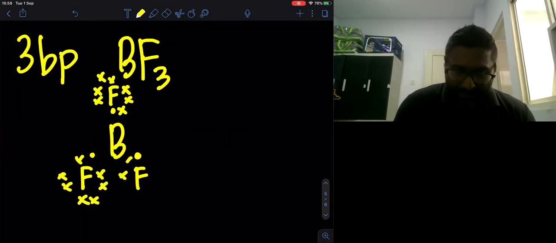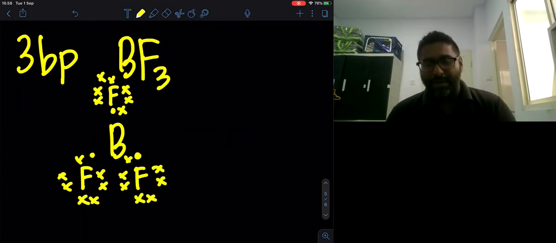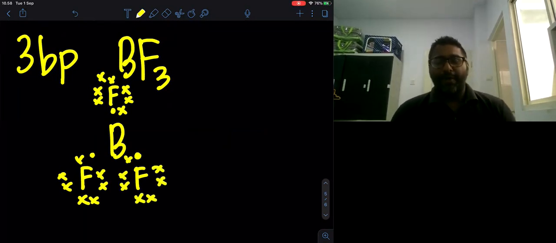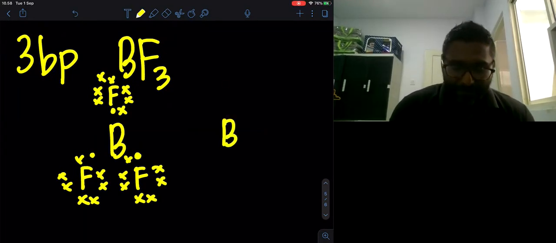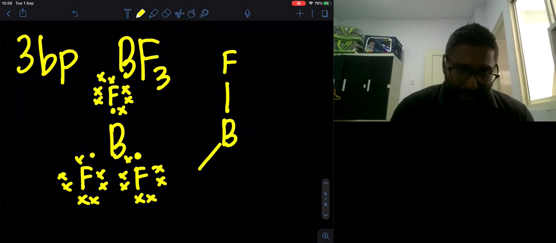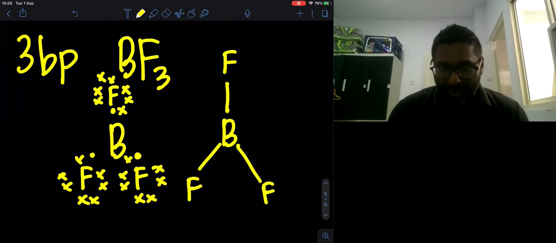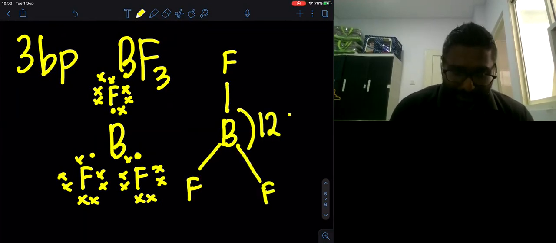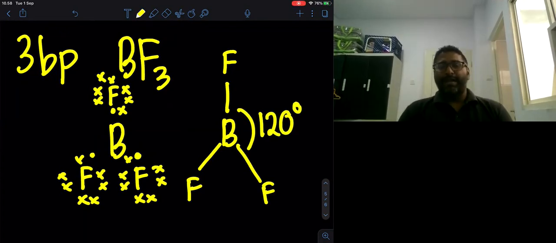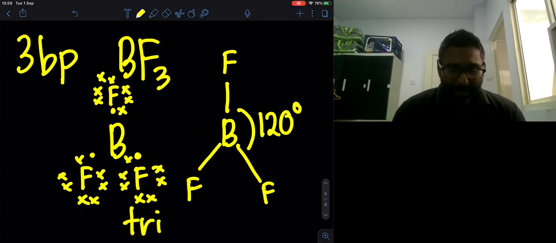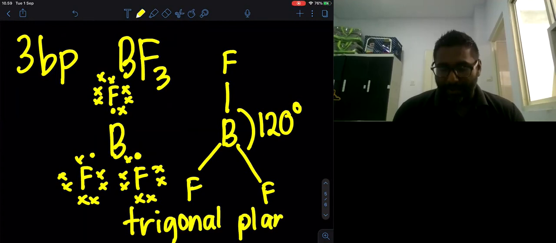Now, this tells us about three bonding pairs. If you have three bonding pairs, the best way to rearrange them is in this form: B, F, F, F, with a bond angle of 120 degrees. The name of this is trigonal planar.